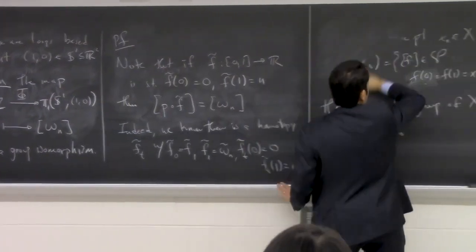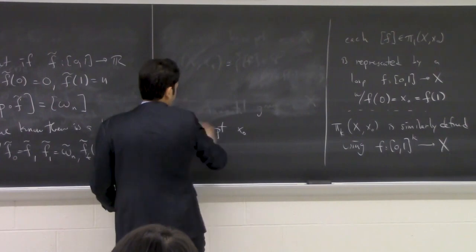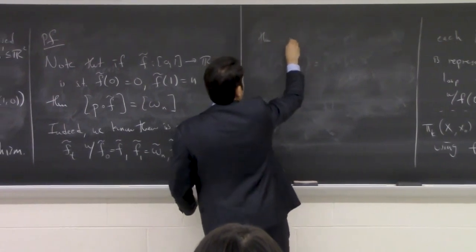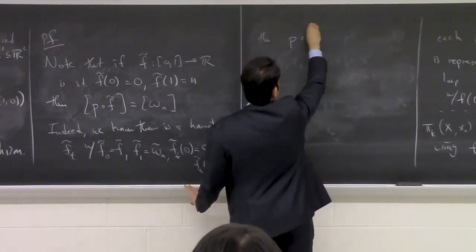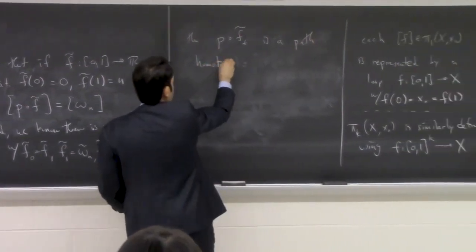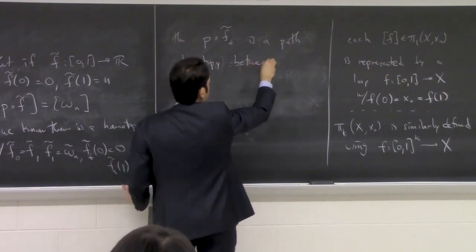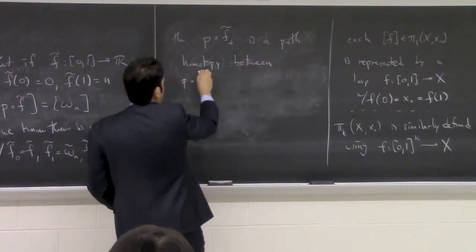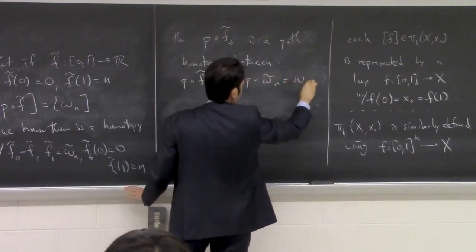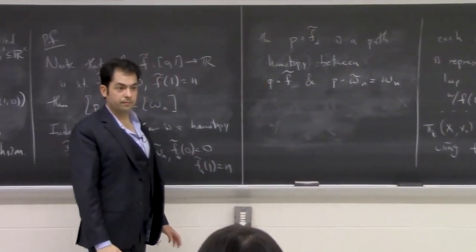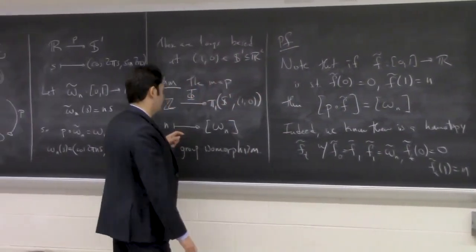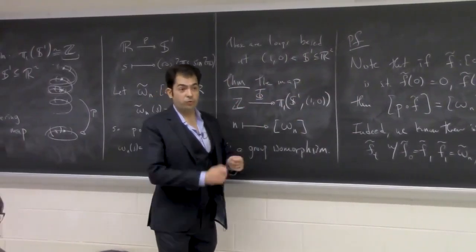Because R is convex, and so you can just take the convex combination of the two paths, and then just projecting that down, this is a path homotopy between p composed with f tilde and p composed with omega n tilde, which is omega n. Okay? So the only thing that mattered about omega n tilde in our definition of phi is that it goes from 0 to n.